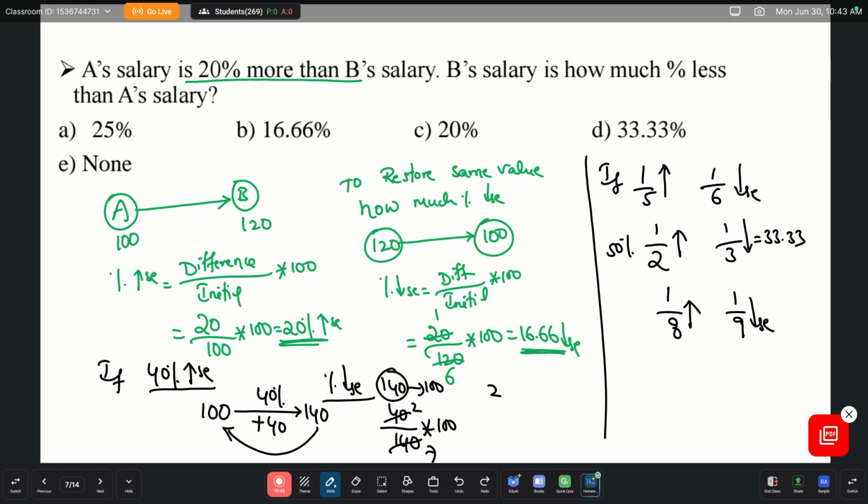If 2 by 5 is increased, 2 by 7 has to be decreased.